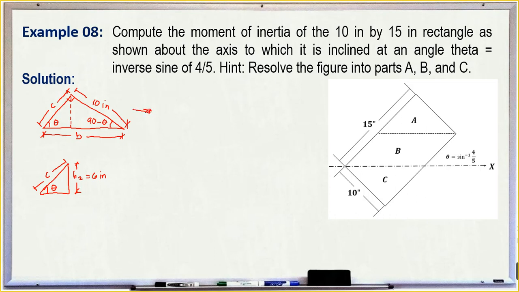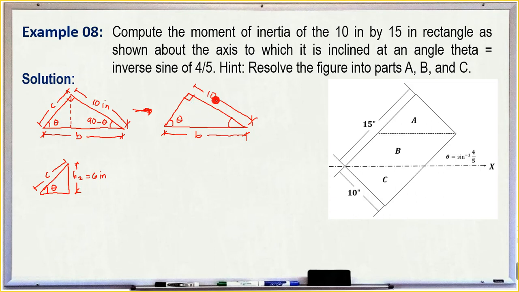As you can observe in our triangle, this is a right triangle, this is theta, and this is the base. Now base is the hypotenuse of this right triangle, and 10 is the opposite side.